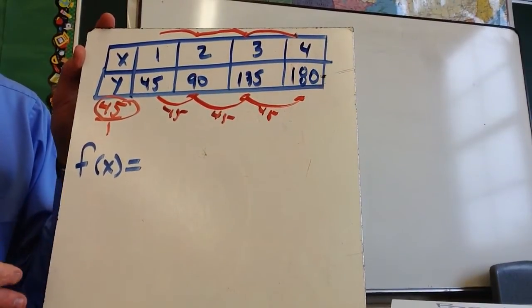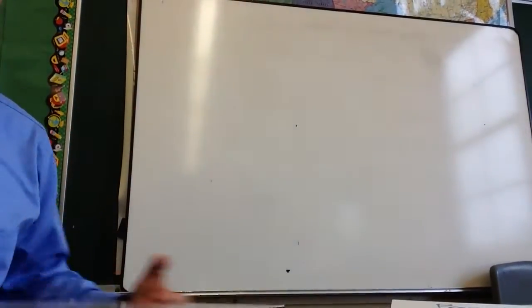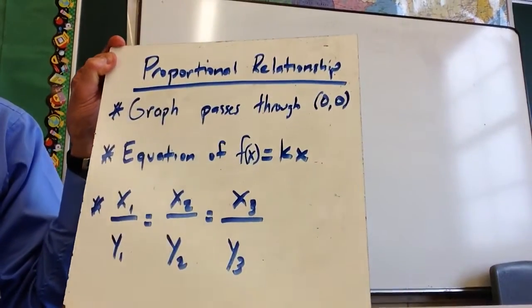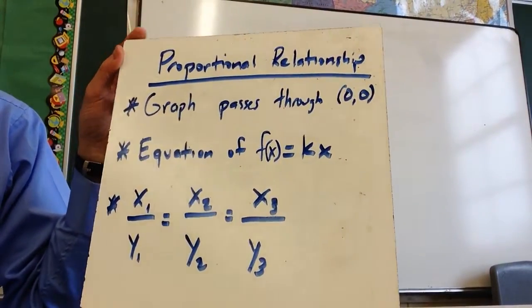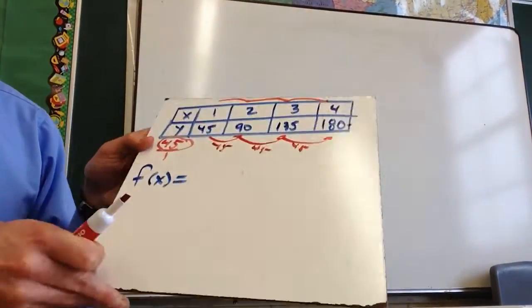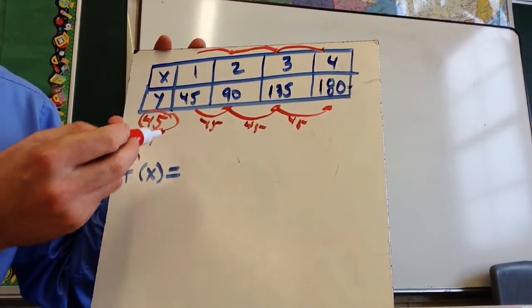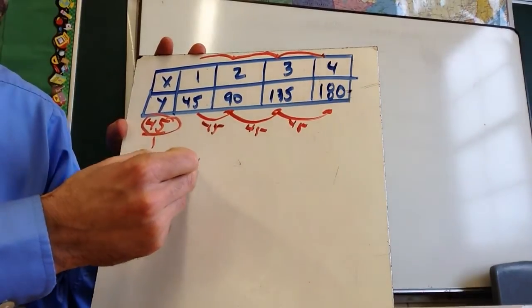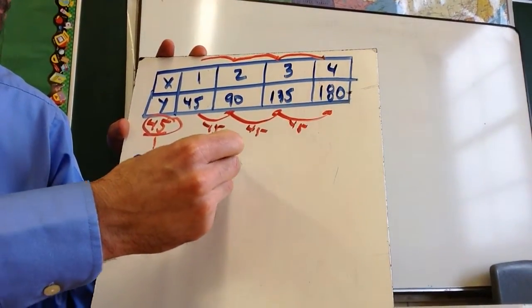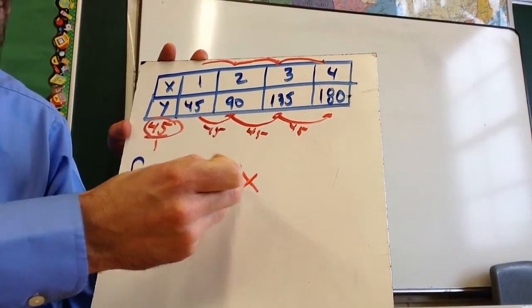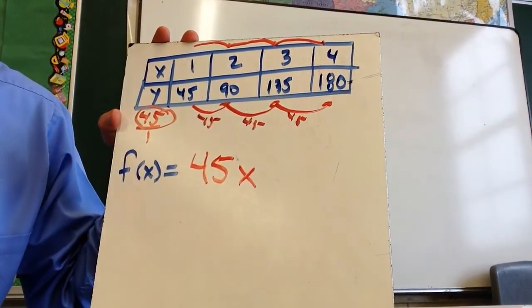But let's pretend for a second you don't necessarily see that. The next question is, can it be written in the form of f of x equals kx? So f of x would equal the constant rate of change, k, times x. So the question is, does that formula work?